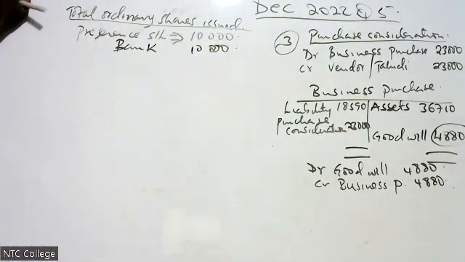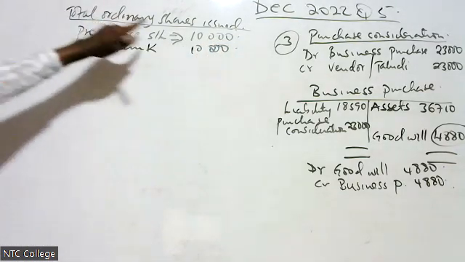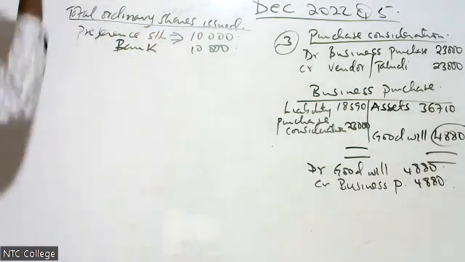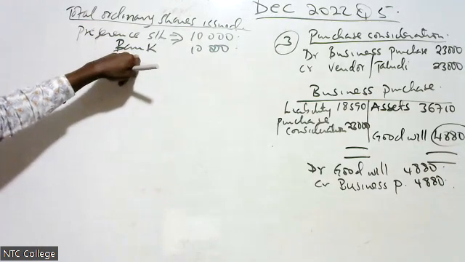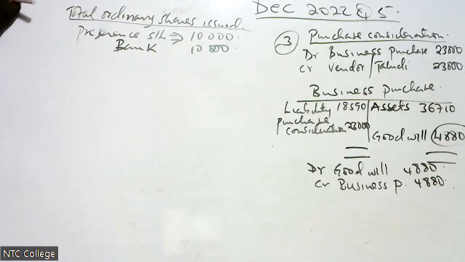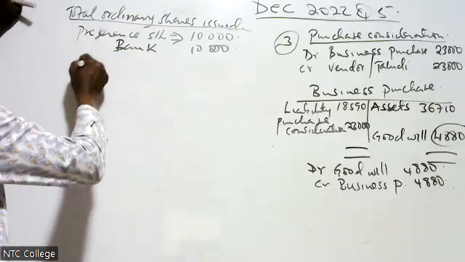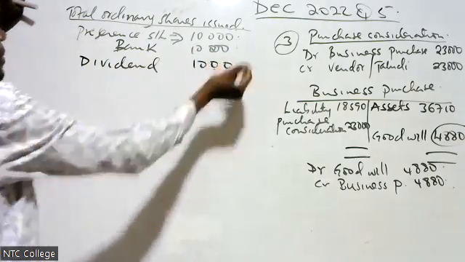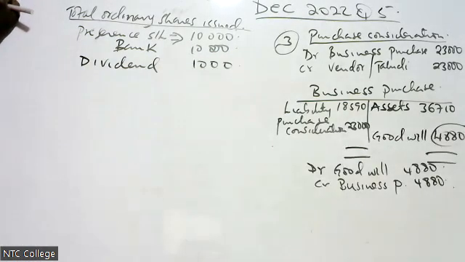If you remember very well, we issued 10,000 as purchase consideration, but it was not fully paid. They will add more money in our bank to make their shares fully paid, 10,000. Then on dividend, we issued 1,000.